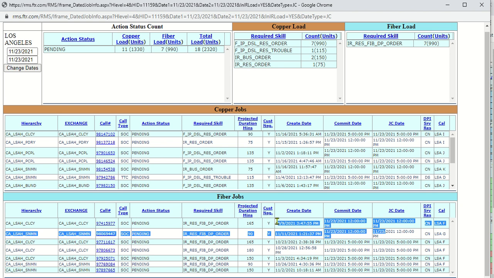Those are the two. Okay. But I should exclude the G though, right? Or the LSAG.